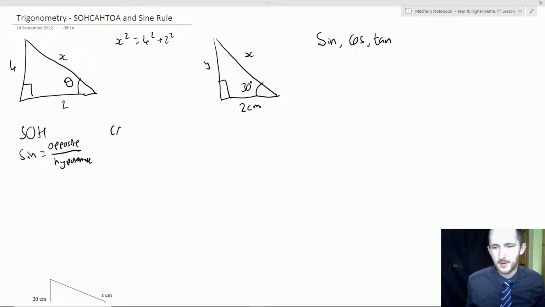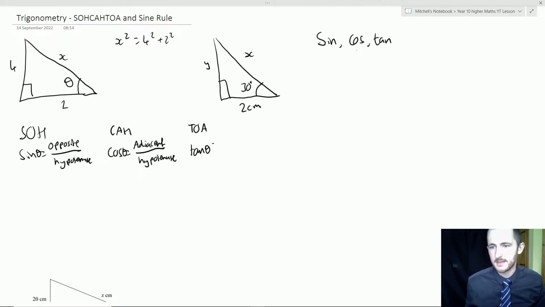The CAH part stands for cos equals adjacent over hypotenuse. Okay, and normally we put the angle theta here. And lastly we have TOA, which you can probably guess gives me tan theta.